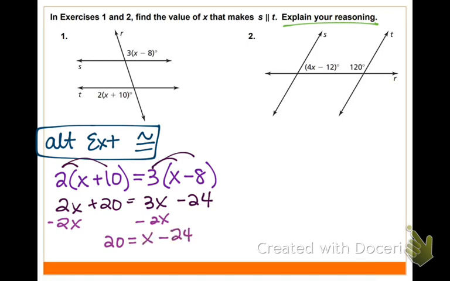What is my last step to solve this problem? Add 24. So my final answer, 44 equals x. I had 2 answers here: the fact that they're alternate exterior, which makes them congruent, is why I knew to set them equal and solve for x to equal 44.